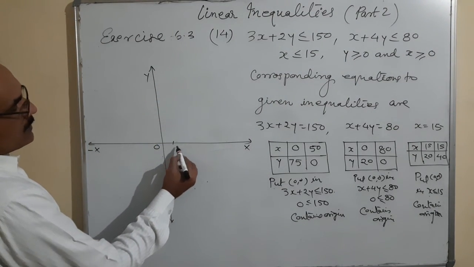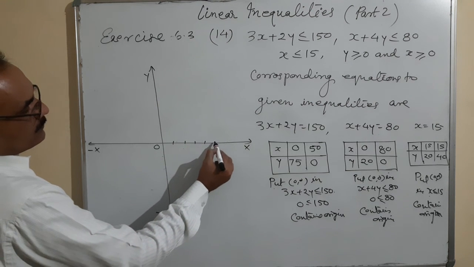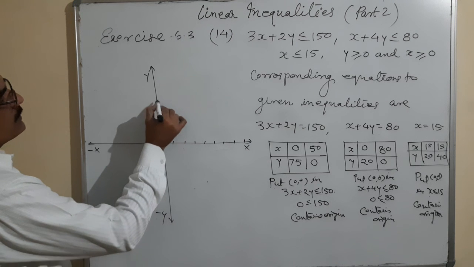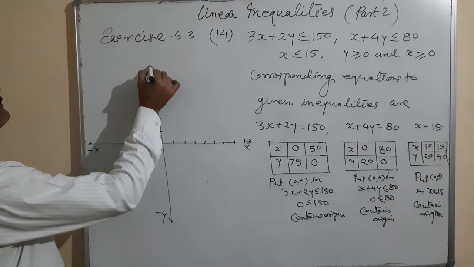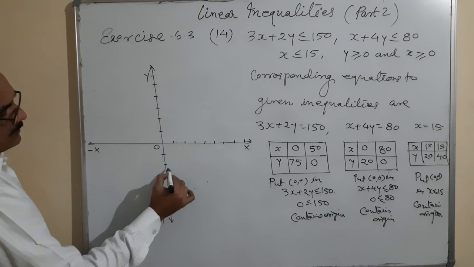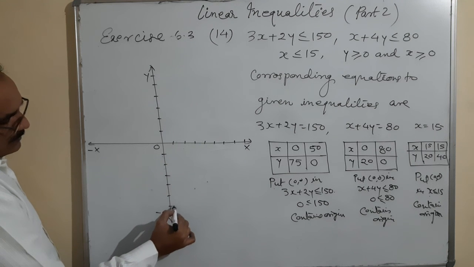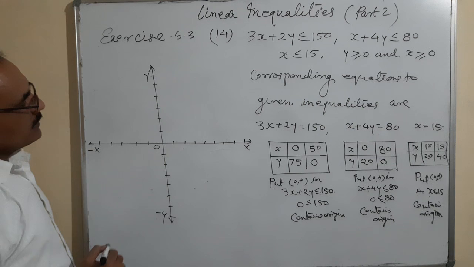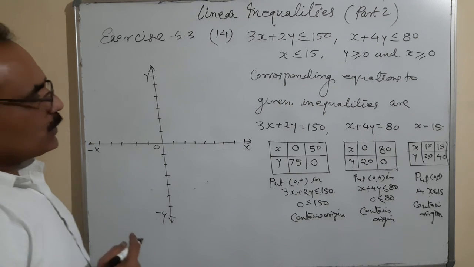So this is 1, 2, 3, 4, 5, 6, 7, 8. 1, 2, 3, 4, 5, 6, 7. This is the scale. 10, 20, 30.